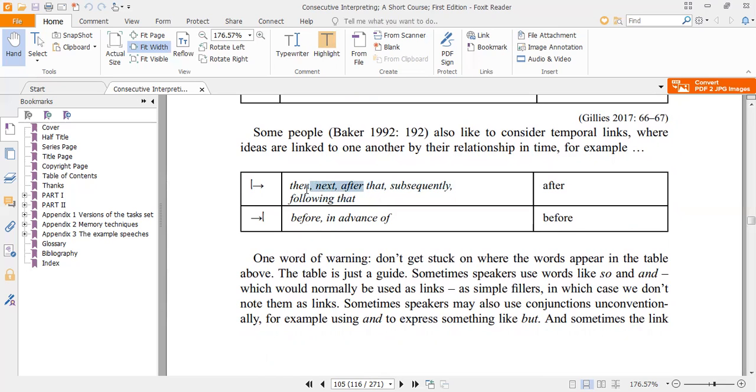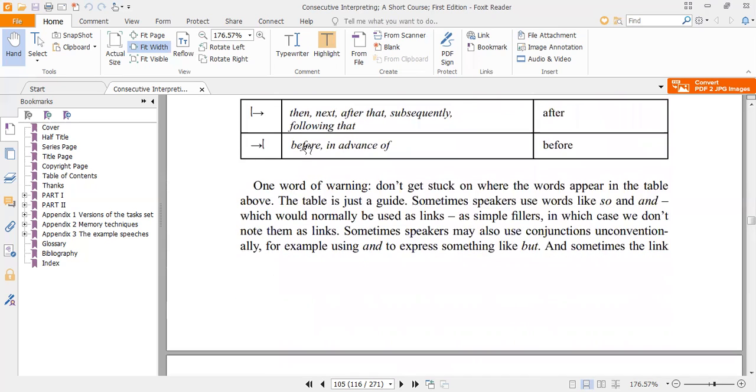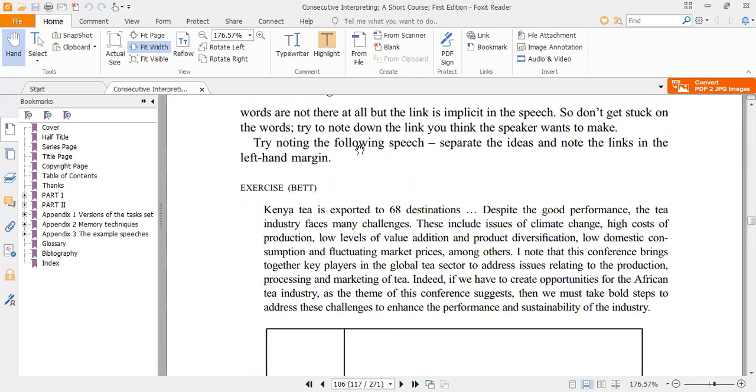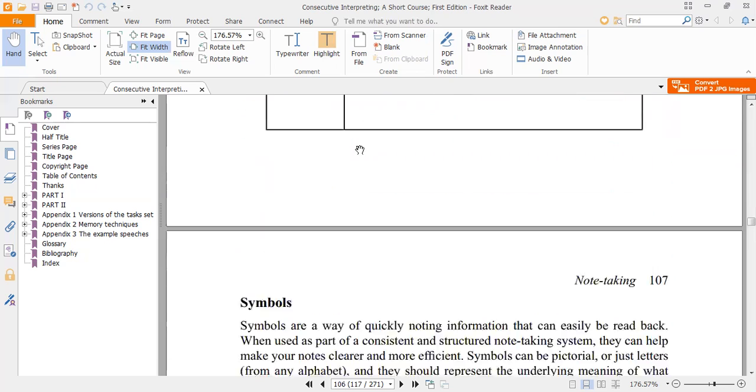These links refer to the relationship of after, which is then, next, after that, consequently, following that. Regarding the before relationship, we can take this note, like before, in advance of. Okay, these are very simple.